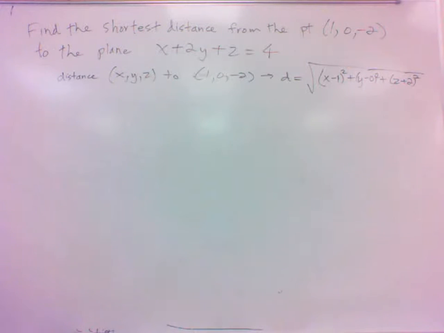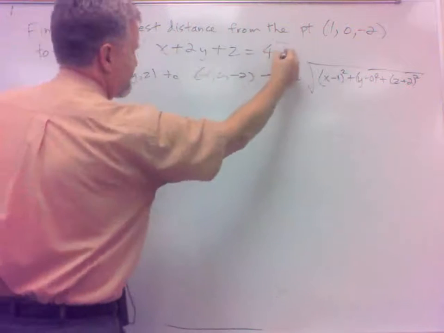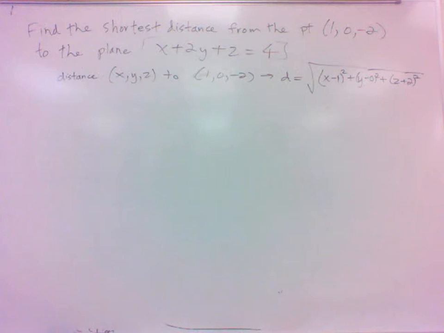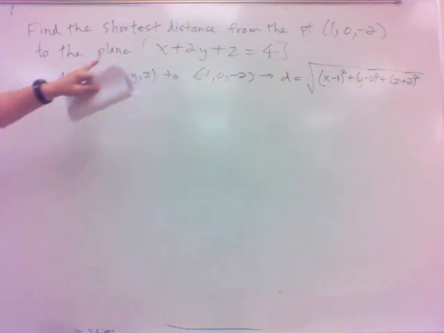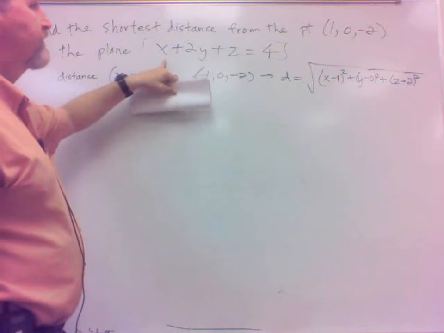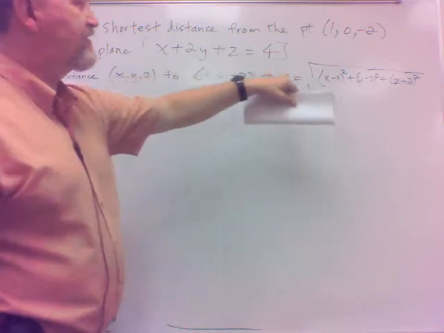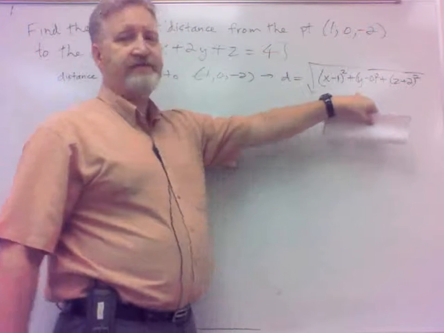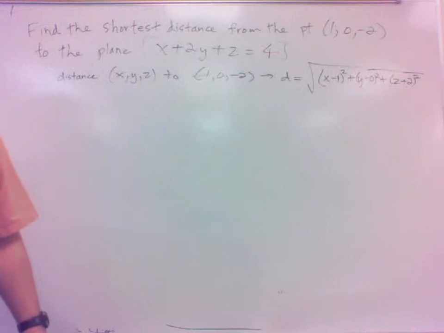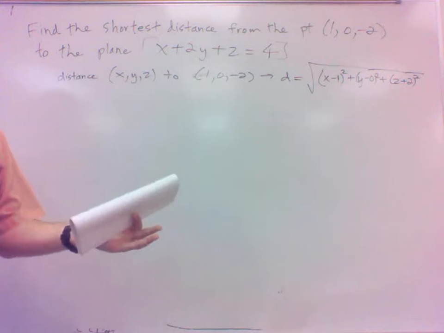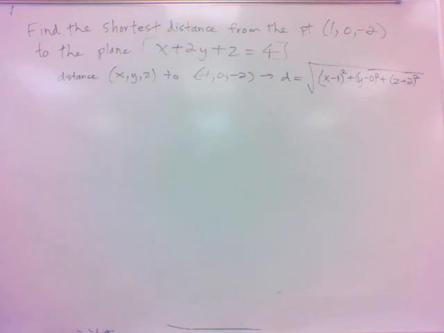Now, we want the point, though, to have the special restriction, x plus 2y plus z equals 4, from that plane. And so one way we can do it is get this in terms of x and y, and then use our critical points on it.